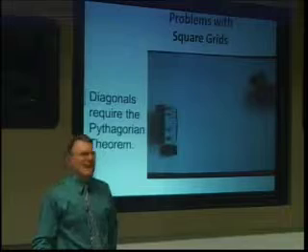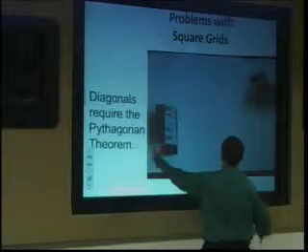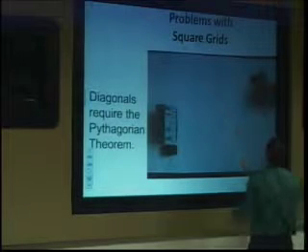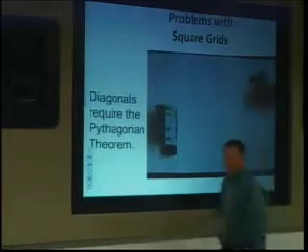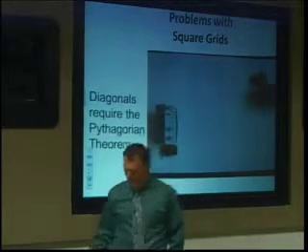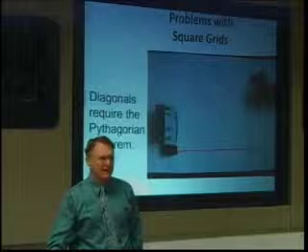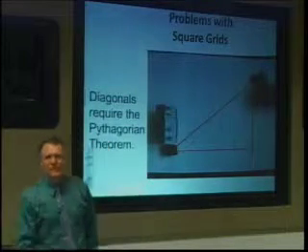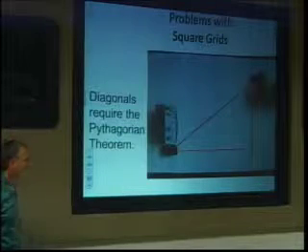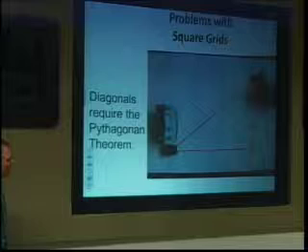But when you're using a diagonal, as in the case of this unit down here and this unit up here, trying to figure out the range between them, we have to use the Pythagorean theorem, where we have the calculation of the hypotenuse versus the rise and the run of the triangle.